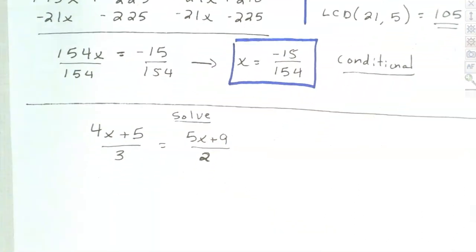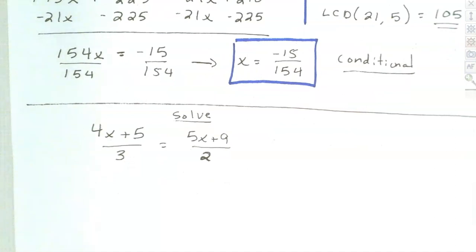Now, this brings back another concept that we can use. We need to clear out these fractions. Now, we do need a common denominator in some cases, but this one we can use the technique called cross multiplication because we have a fraction equaling another fraction.